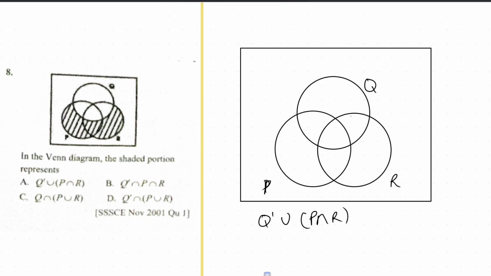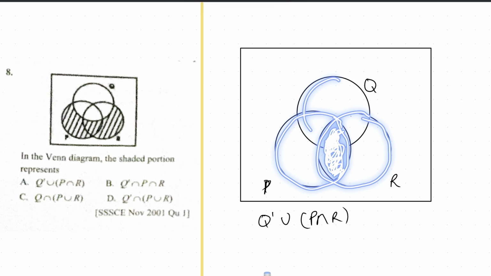But before we do that, let's take care of P intersection R. P intersection R means what is between P and R. So that will be this section. This section is P intersection R, and that P intersection R enters into Q. This portion is Q, right?